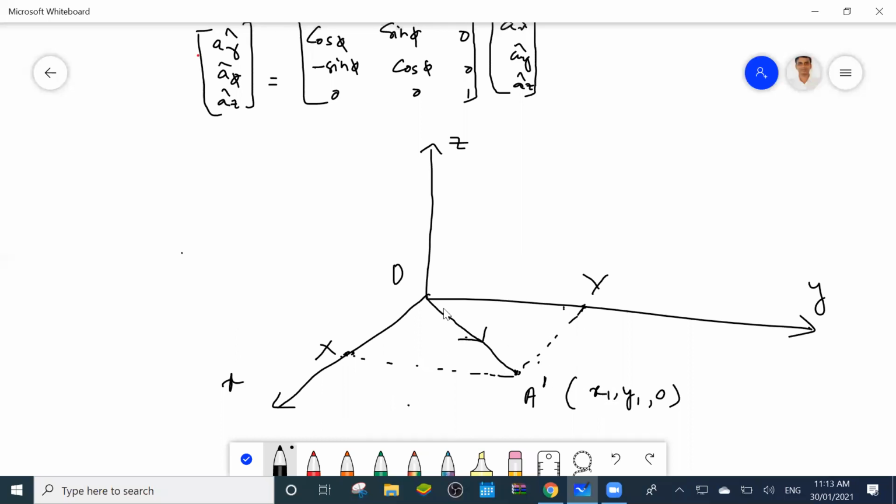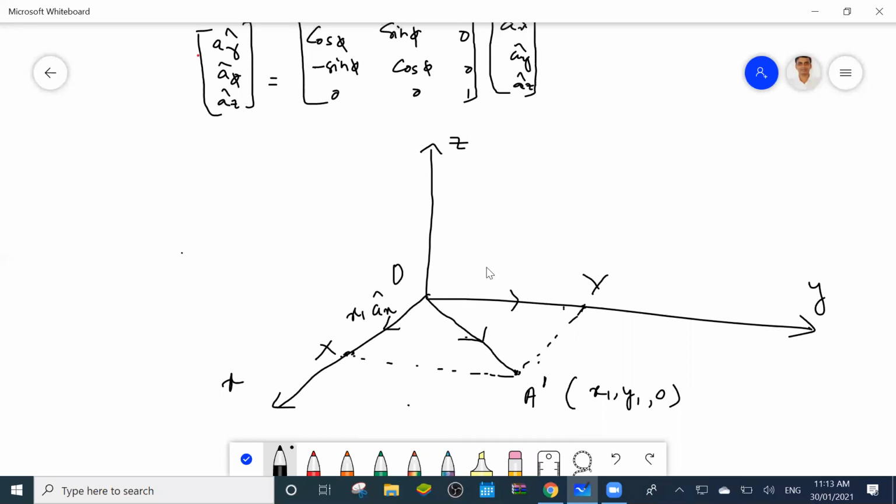This is origin. If this is x1, from here to here is x1, so I can write the x1 component is x1 into ax cap unit vector. So ax is the unit vector along x direction, so I can write this vector is x1 ax cap.